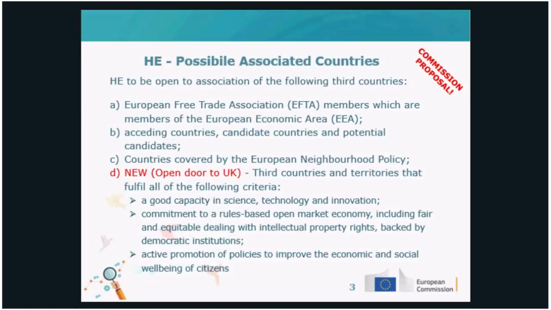This is still ongoing. As you can see, it's the option D, and this will give the opportunity for third countries outside the European Union and the neighborhood areas to associate themselves with the new program. Of course, there are certain criteria that need to be followed.